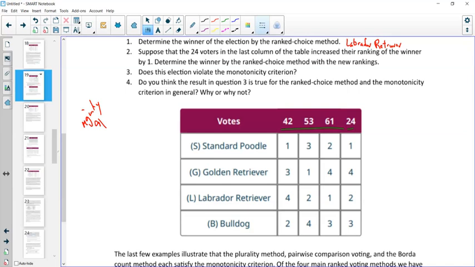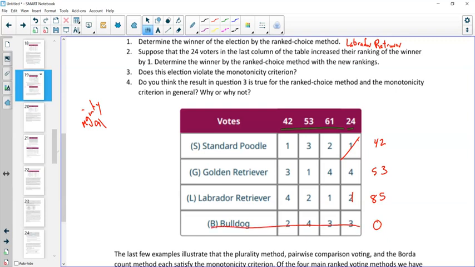So that makes this 1. Which means this would not be 1. So that's 42. That's 53. That's 85, and that's 0. Still not enough.